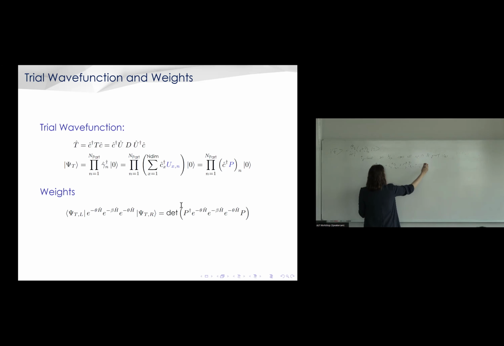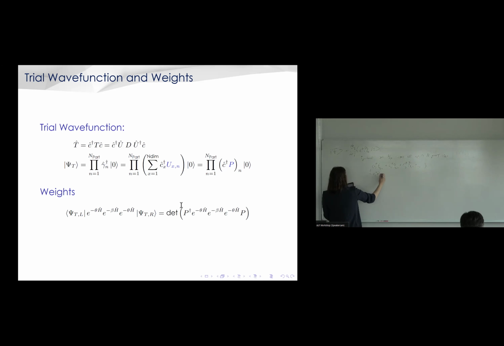That would be one of these terms in the product. Then we have C1 dagger P12 plus C2 dagger P22 plus C3 dagger P32.